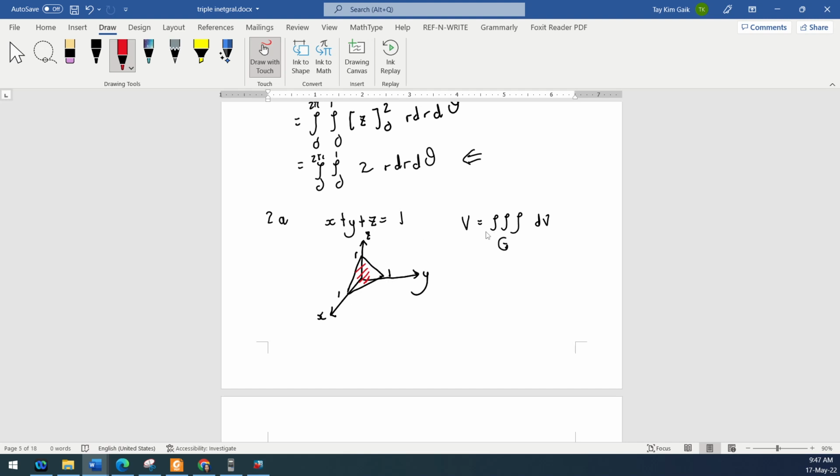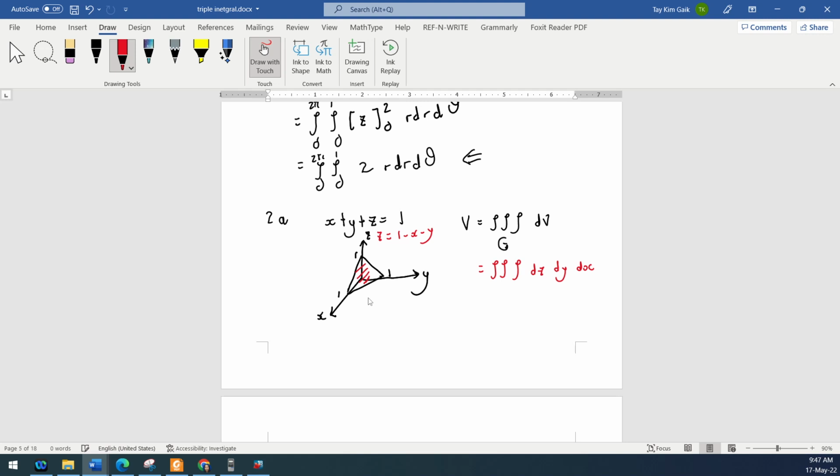If you view it parallel with respect to z, then you integrate with respect to z first. You put dz. Let's say you use the first orientation, dz, dy, dx. The rest you can practice. Integrate with respect to z, so you make z the subject, z equal to 1 minus x minus y.